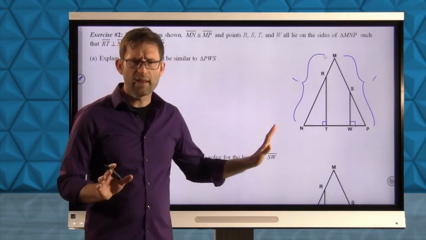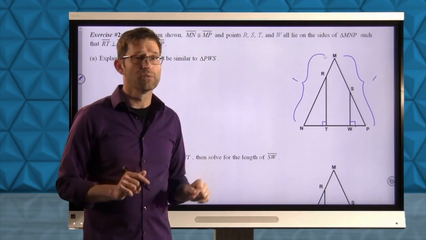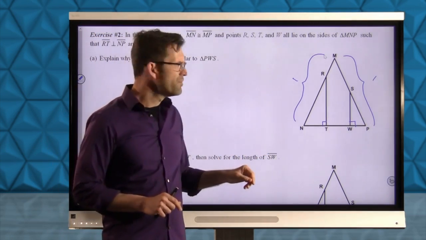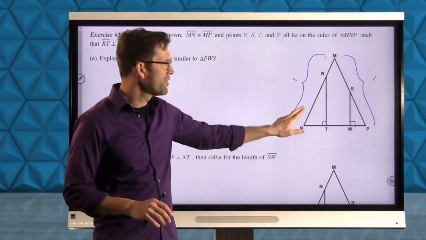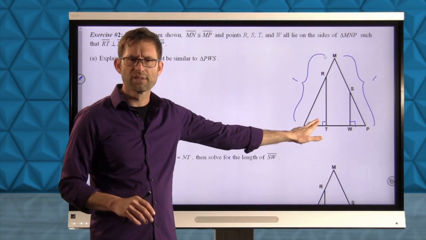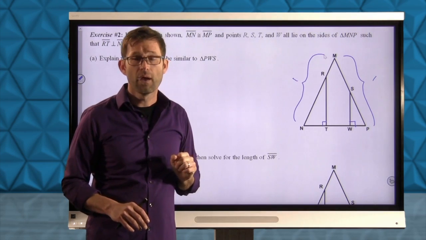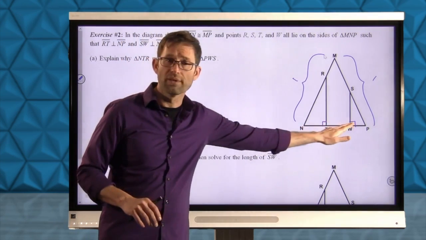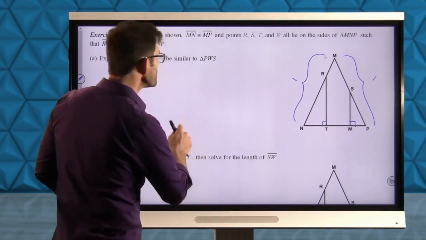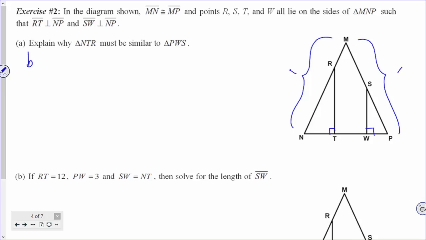Remember, again, if I'm going to use angle, somehow I've got to prove that there's two angles in this triangle that are equal to two angles in that triangle. All right, well, one angle that I can see immediately equal is that 90-degree angle. So let's just say this.